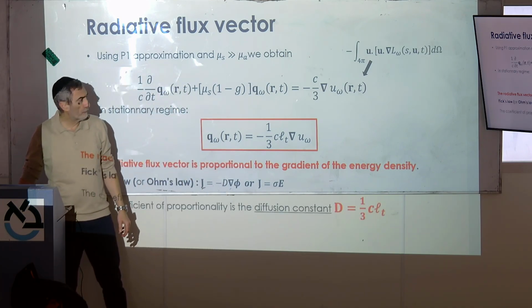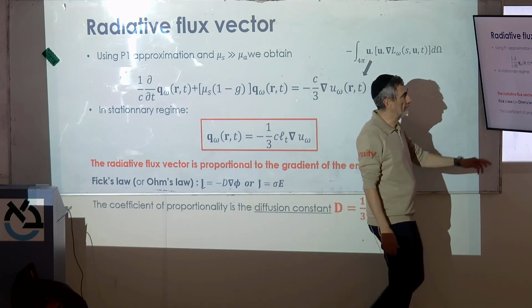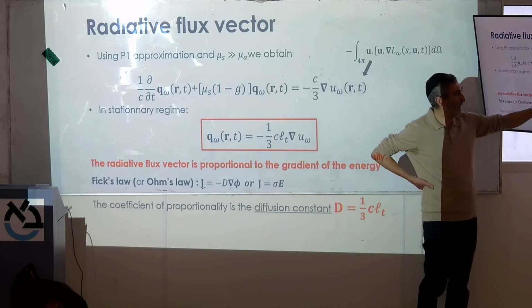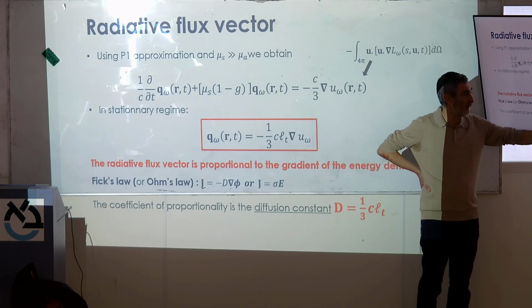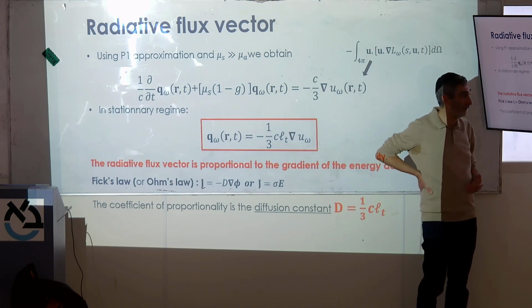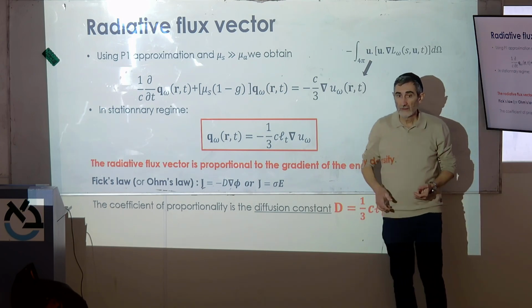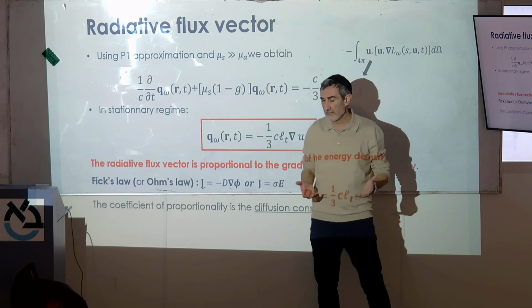So the coefficient of proportionality, and that's the important term here, this term, 1/3 of c LT, this expression is the definition of the diffusion constant. If you have heard of the diffusion constant, that's a macroscopic quantity to describe the scattering medium.